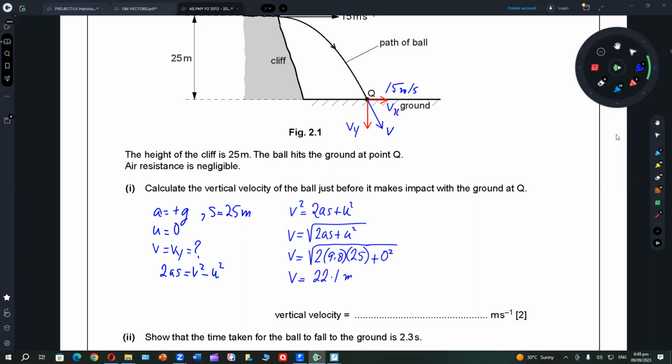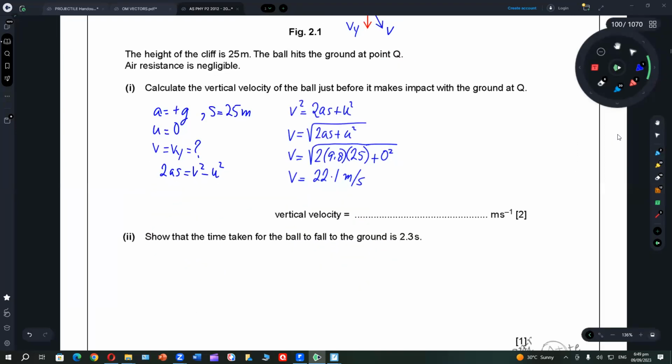Any others want to contribute the answer?